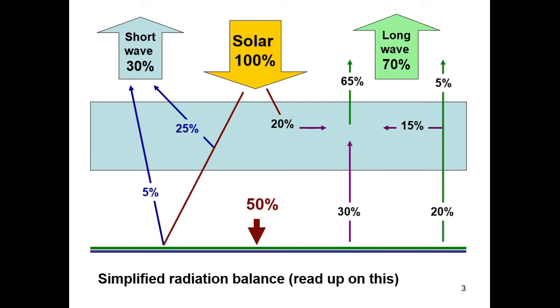And about 50% gets down to the surface. Of that 50% that's absorbed by the surface, about 20% is radiated directly away again, some of which goes straight out as long wave radiation and some of which is reabsorbed by the atmosphere and then re-radiated, and about 30% is transferred back to the atmosphere as sensible or latent heat.